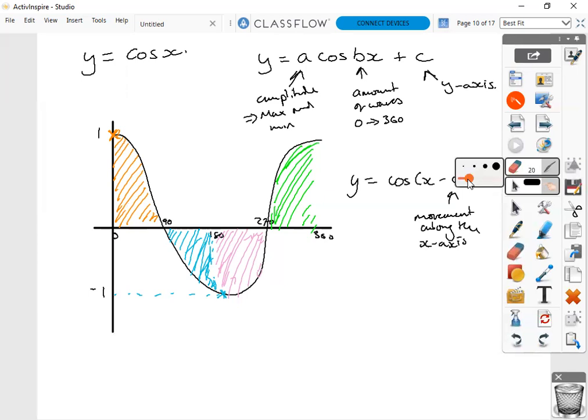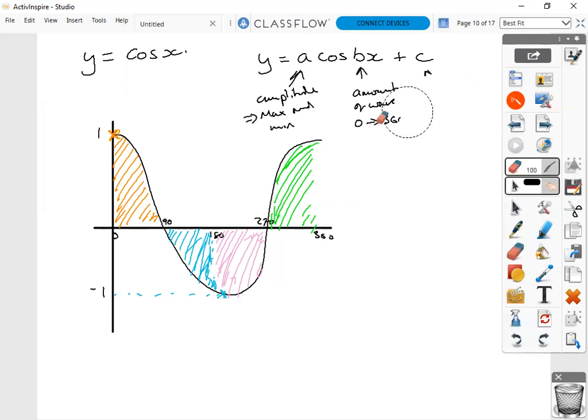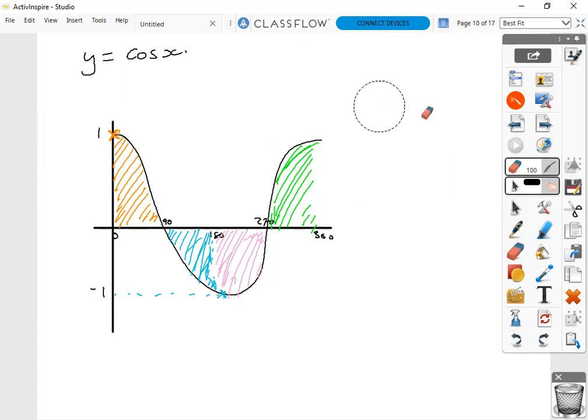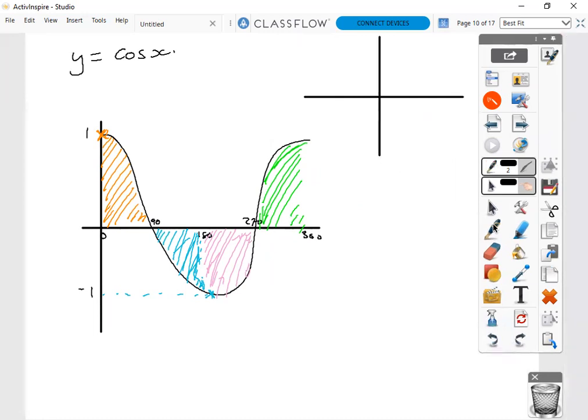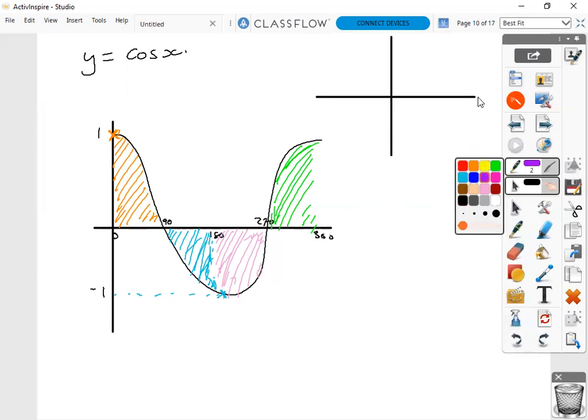What I'm looking to achieve tonight, though, is to understand these cast diagrams. Okay, so similar to what I did with sine on the same graph, okay, a separate one, between 0 and 90, 180, 270.